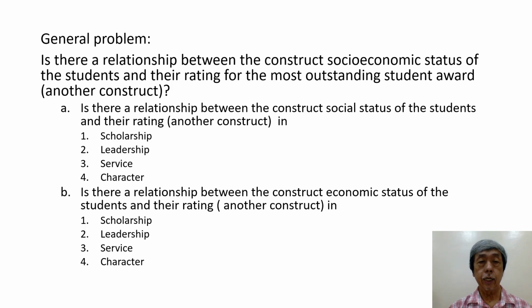This is the general problem. Is there a relationship between the construct socioeconomic status of the students and their rating for the most outstanding student award? Another construct. We can divide this general statement of the problem into two.